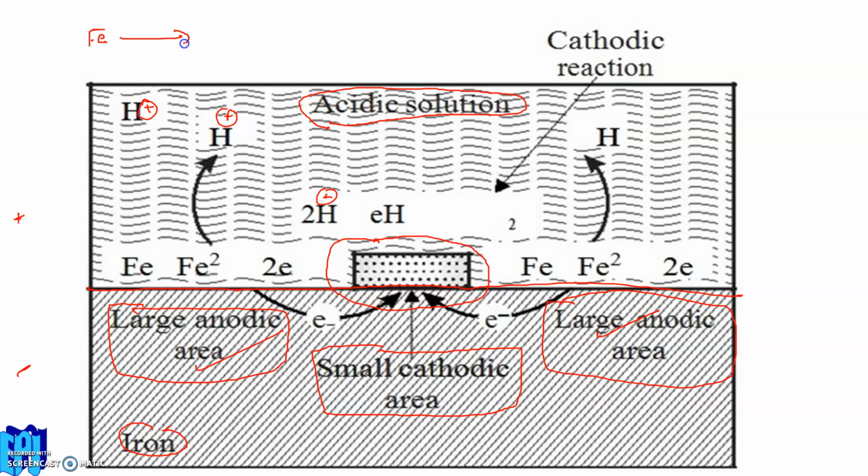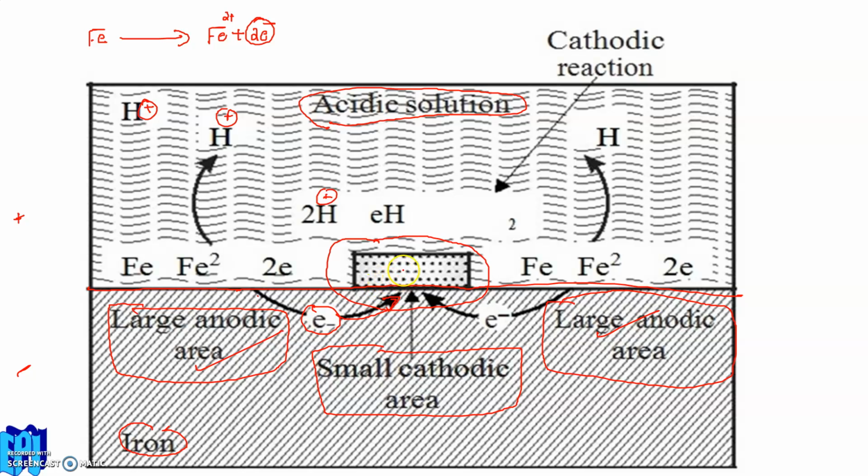So Fe undergoes oxidation and becomes Fe2+ by eliminating 2 electrons. And these 2 electrons will migrate towards the high reduction potential area, or cathodic area.